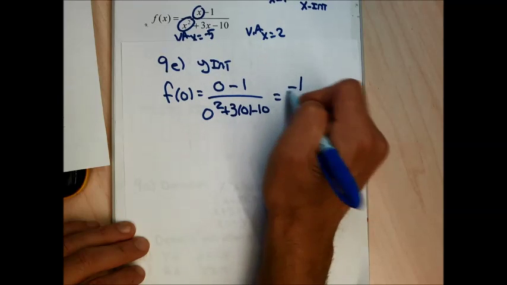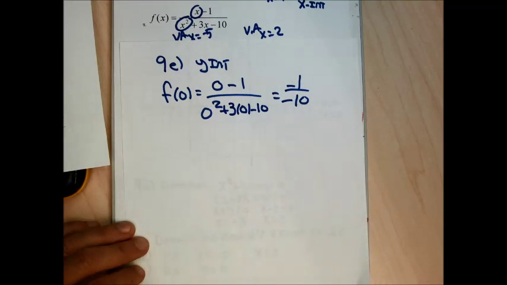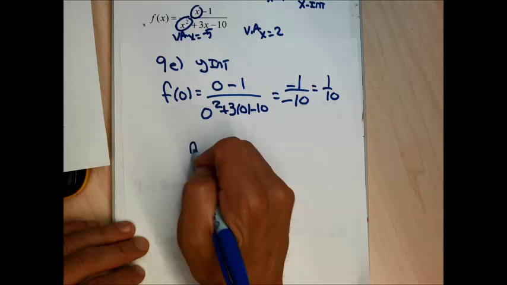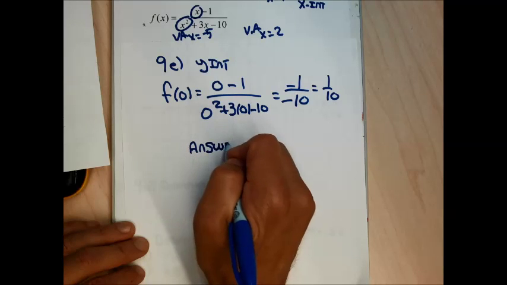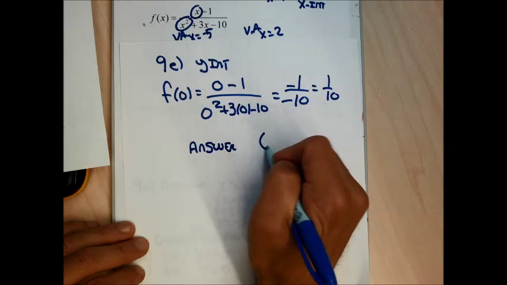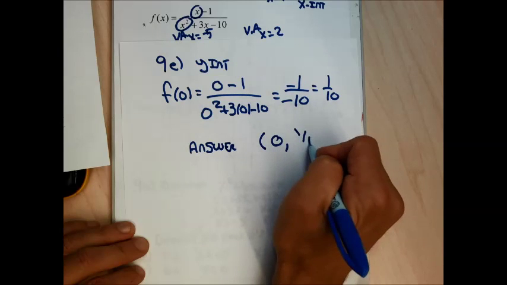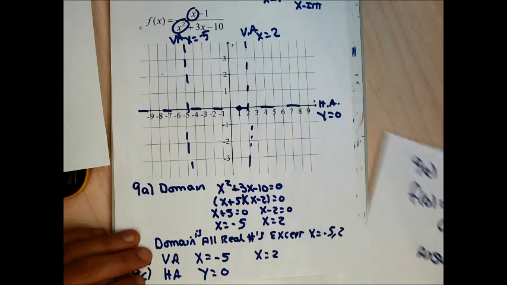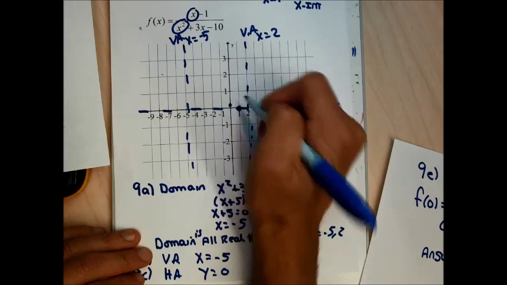All the pieces with 0 turn into 0. You're left with minus 1 over minus 10, which is positive 1/10. The answer to part 9E, the y-intercept, is going to be the point (0, 1/10). I'm going to plot that on my graph, and it's going to be just right above the origin. So it's just going to be barely above the origin.